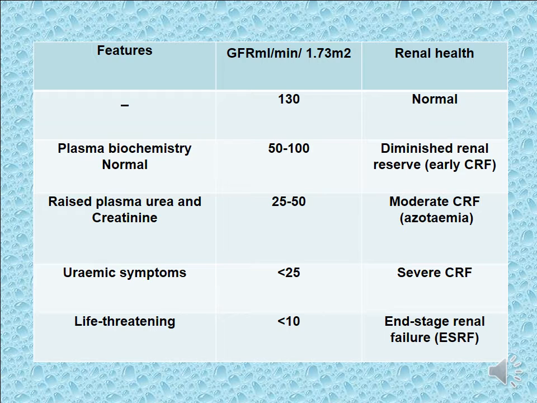Rise in plasma urea and creatinine occurs with a glomerular filtration rate between 25 to 50. It is moderate chronic renal failure, called azotemia. Uremic symptoms occur with a glomerular filtration rate less than 25, which leads to severe chronic renal failure. Life-threatening is less than 10% of glomerular filtration rate, which leads to end-stage renal failure.